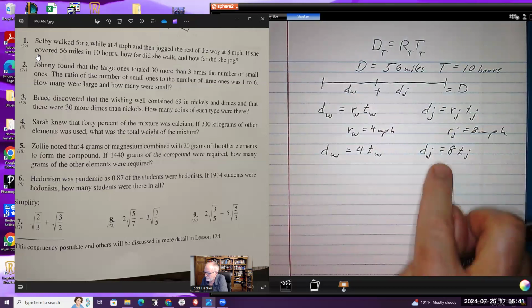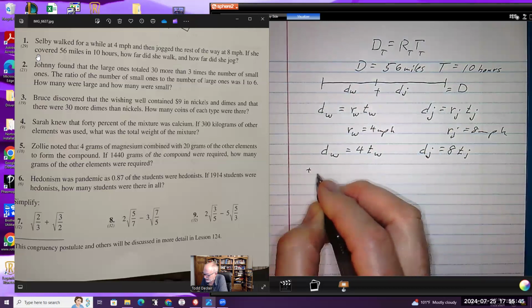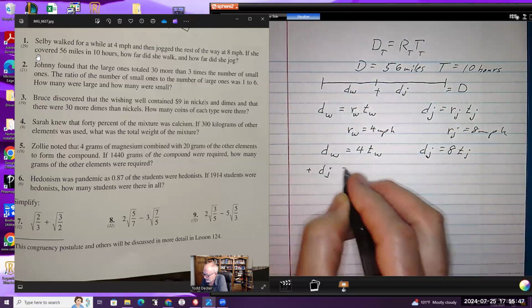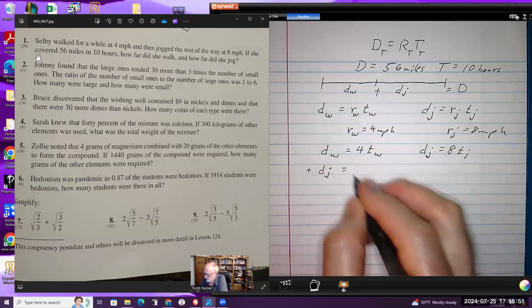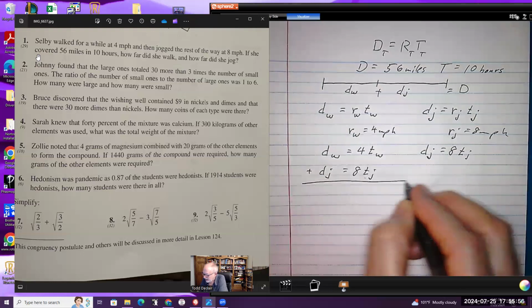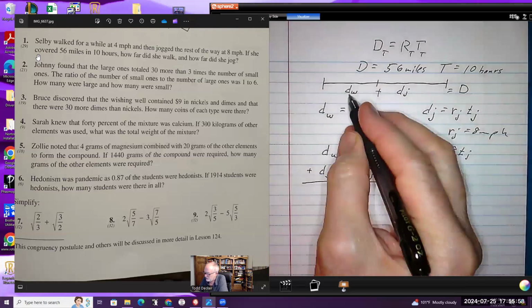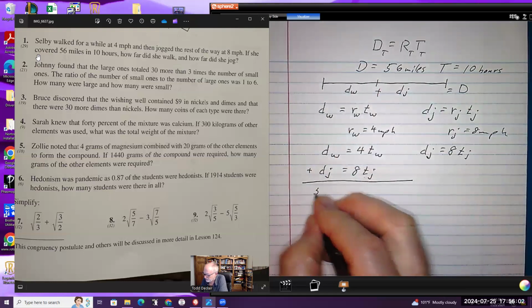Well, that means I can add these two equations together. I can add distance walked, rate times time, and distance jogged, rate times time, and adding these two together, that's our total distance, and our total distance is 56 miles.